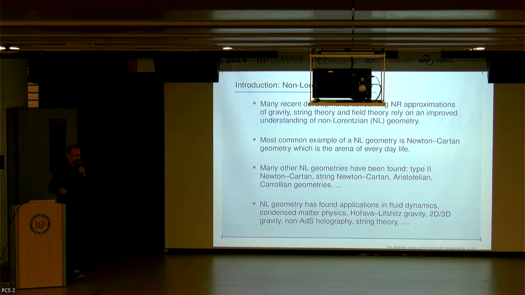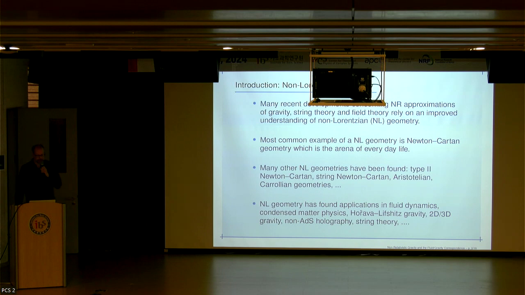There's nowadays a distinction between what we call type 1 and type 2 Newton-Cartan geometry. There are string versions of it that are relevant for string theory. I will not talk about that. And then there are Aristotelian geometries that have been mentioned already previously, and also Carrollian geometries, a concept that is quite popular these days, and that has also been mentioned in some previous talks earlier this week.